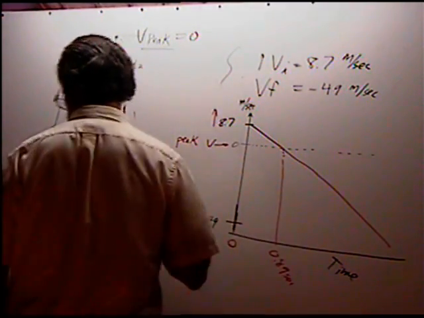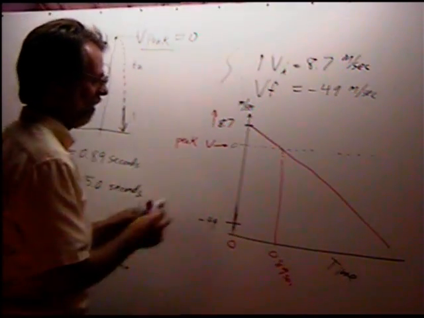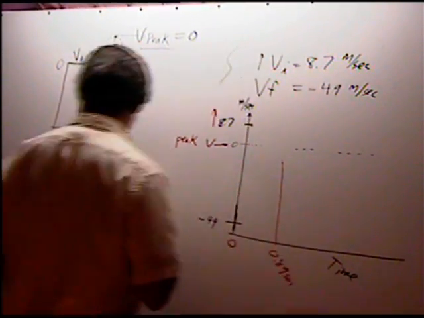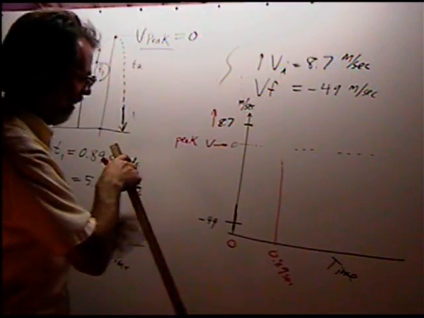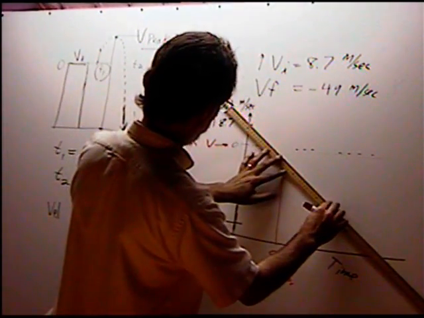But notice that the velocity continues to go negative. This is supposed to be a straight line, and I will ensure that it is a straight line.